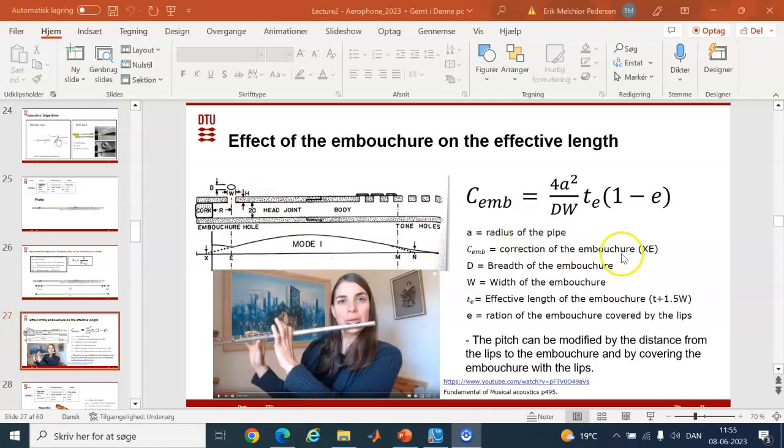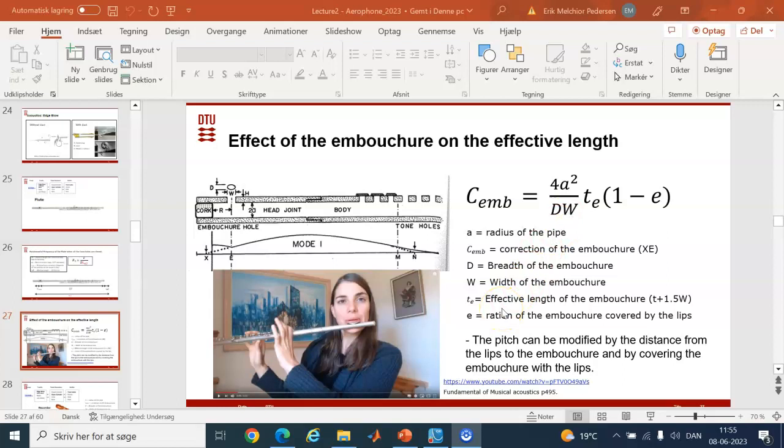C_emb is the correction of the embouchure. D is the breadth of the embouchure, and w is the width of the embouchure. So in the denominator there is the breadth and the width of the embouchure.